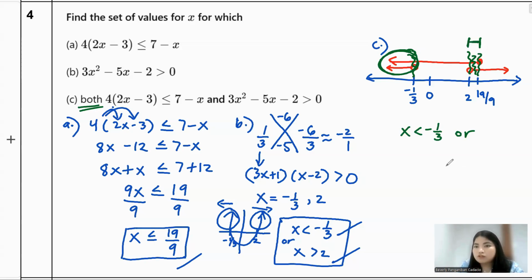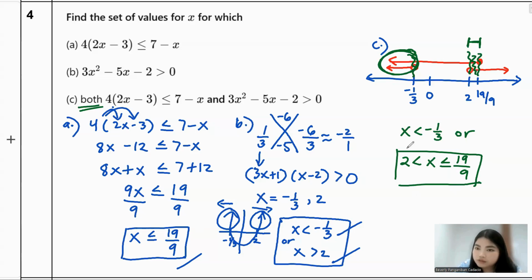It's everything in between 2 and 19/9, but you need to write it properly: x is greater than 2, and less than or equal to 19/9. I put equal here because you know that basically it's here, so it's just the same thing there. Okay, so take note and digest that one. Okay, sorry, it must be everything here.